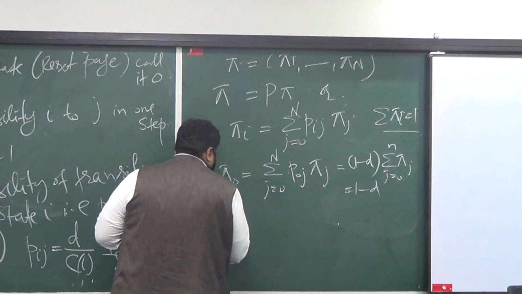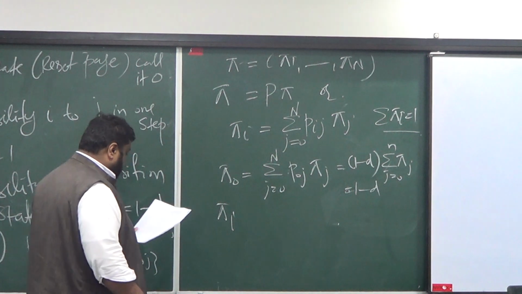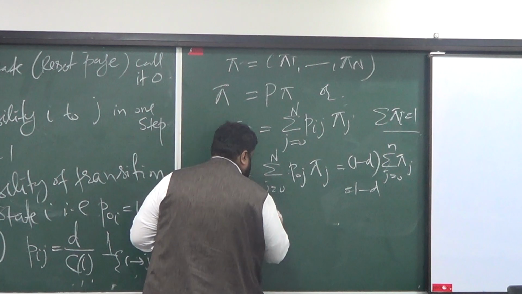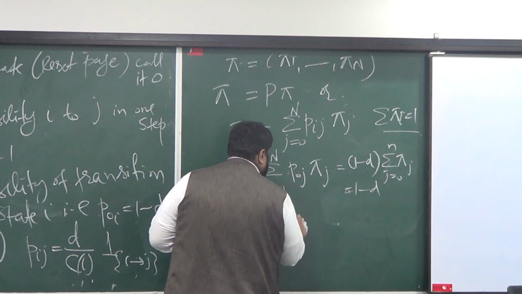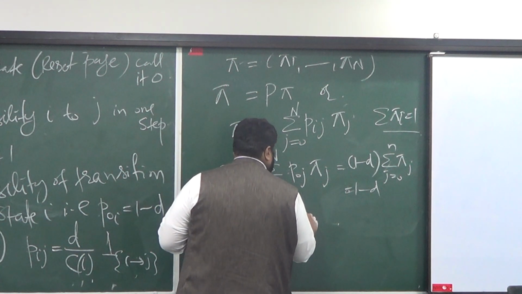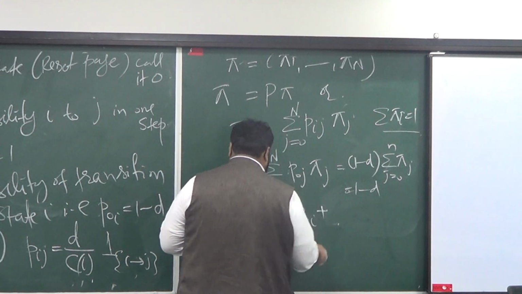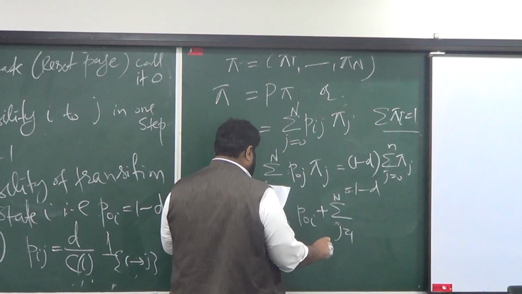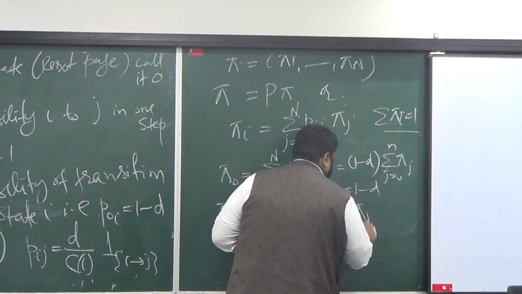How about pi i? If you want to write it, I can write it as pi naught p0i plus the sum over j equal to 1 to n of p ji pi j.